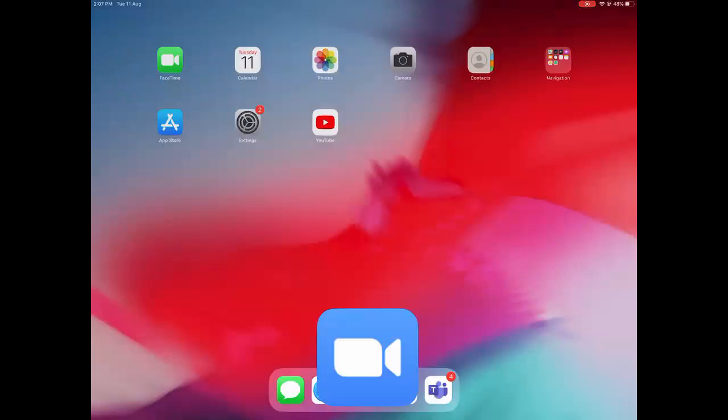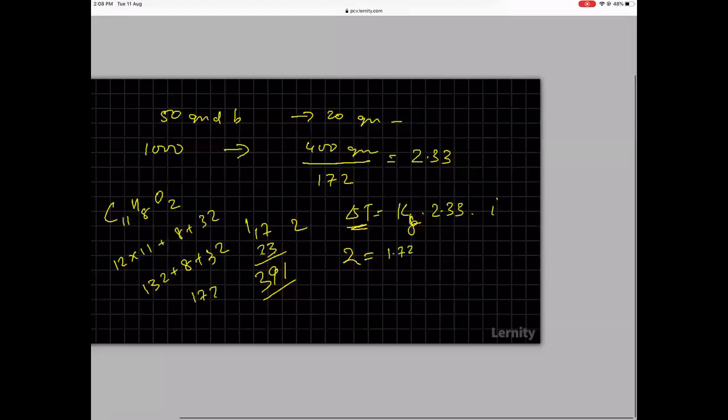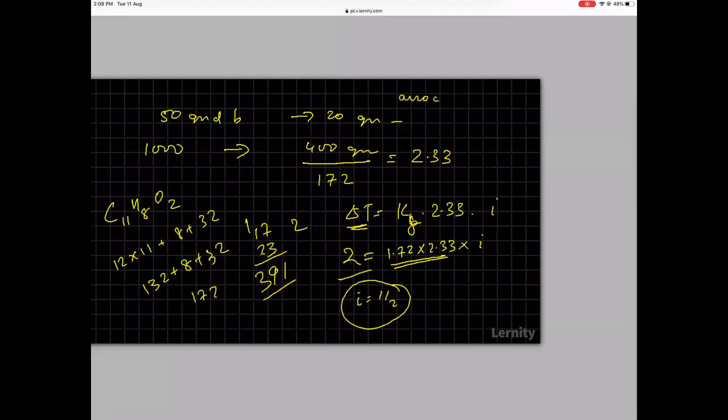So you will get 2 is equal to 1.72 into 2.33 into i. When these things come down, this will become 4, so i is equal to half. i is equal to half means it is associating. It is not dissociating. Associating means dimers are being formed. It is dimerizing. Okay, so that's it.